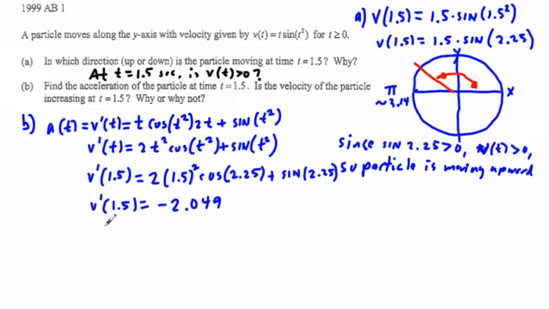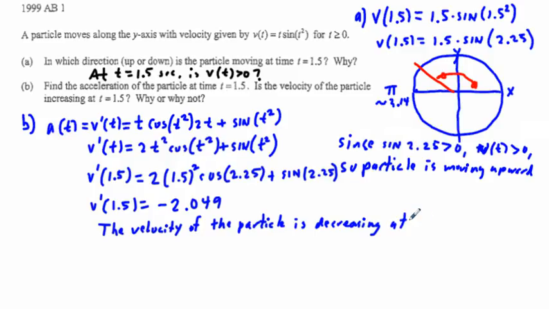So we will say the velocity of the particle is decreasing at t equals 1.5 because a of t, which equals v prime of t, is less than 0. So that'll be our answer.